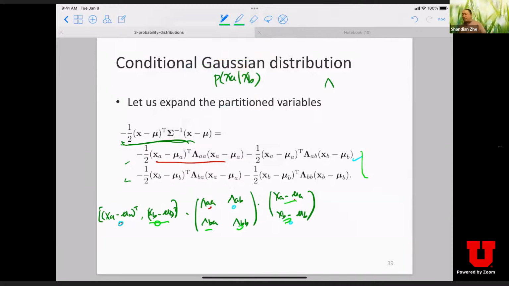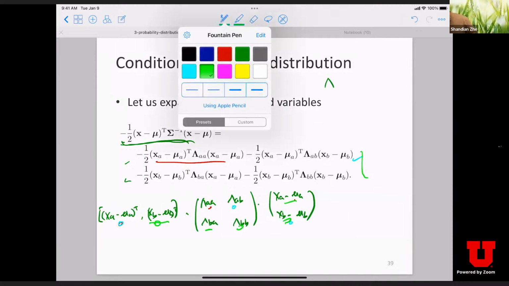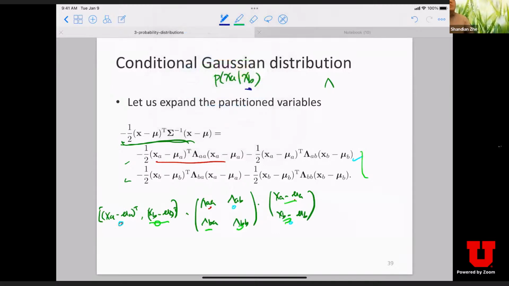The reason we do this partition is that we're conditioning on XB. From the view of XA, XB is actually considered constant because we're conditioned on XB. So we're going to look at all those terms that only involve XA.